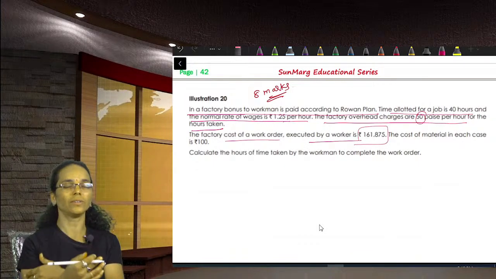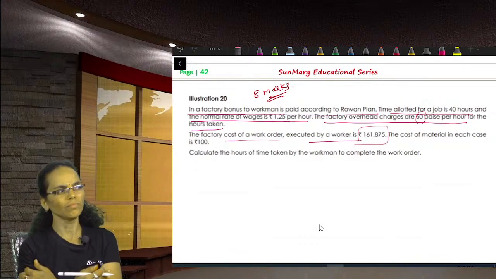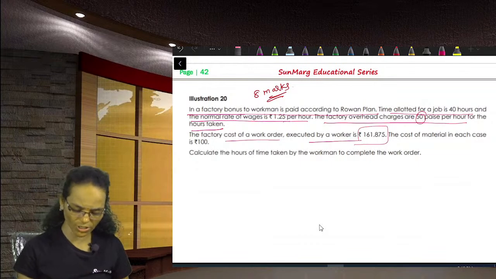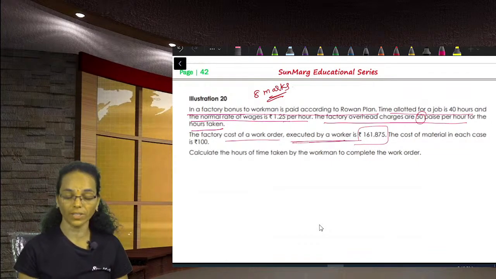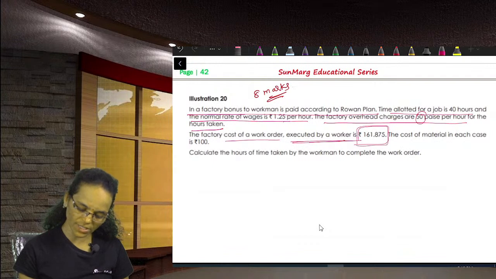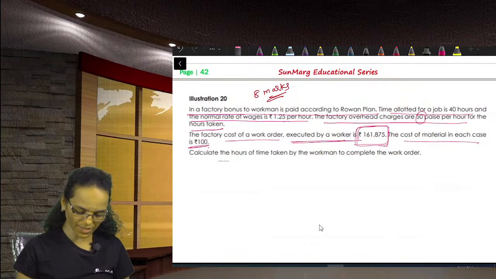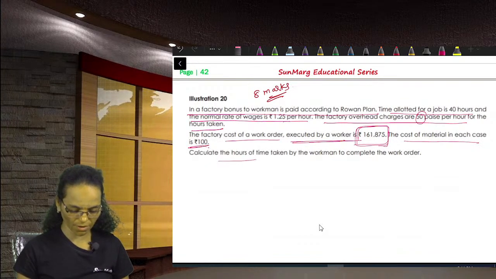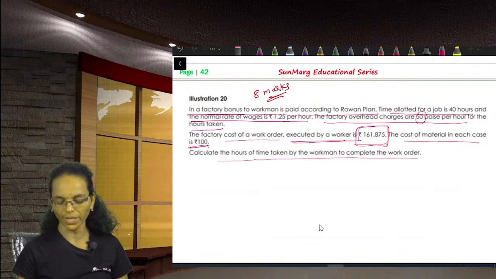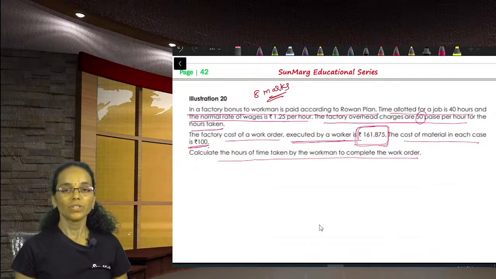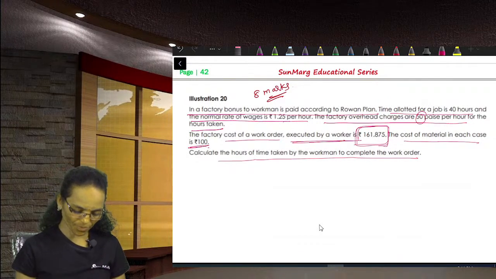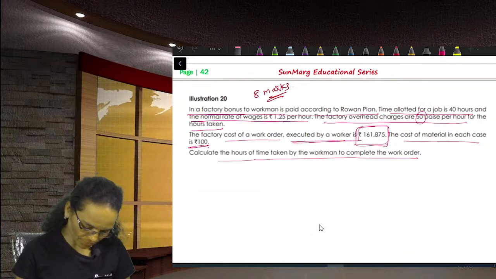We know the cost sheet, and under the cost sheet we know where the factory cost is. The cost of material in each case is 100 rupees. Calculate the hours of time taken by the worker to complete the work order. So what is it saying? Okay, I'll write.